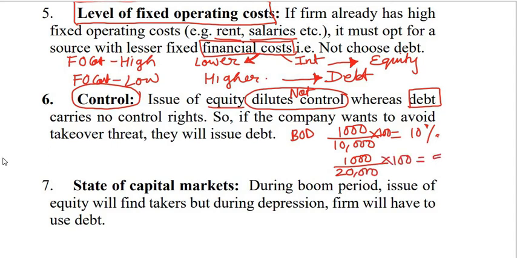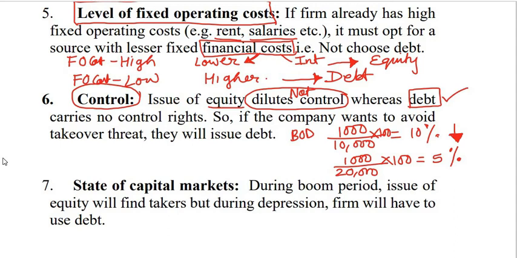Can you see now your control is decreased? Earlier you had 10% control, but with the issuing of more equity shares, your control is diluted. So if you don't want your control to be diluted, it is better to go for debt. Otherwise, you can go for equity.